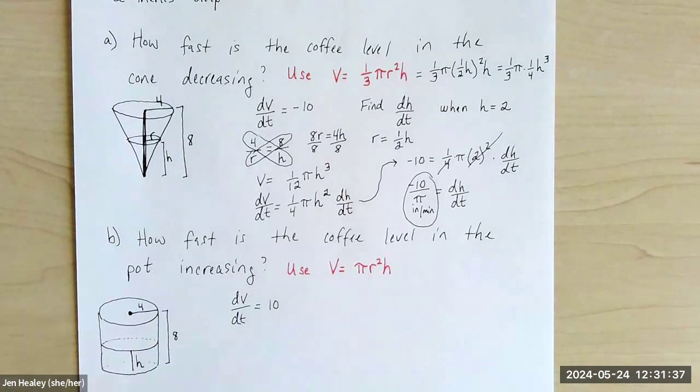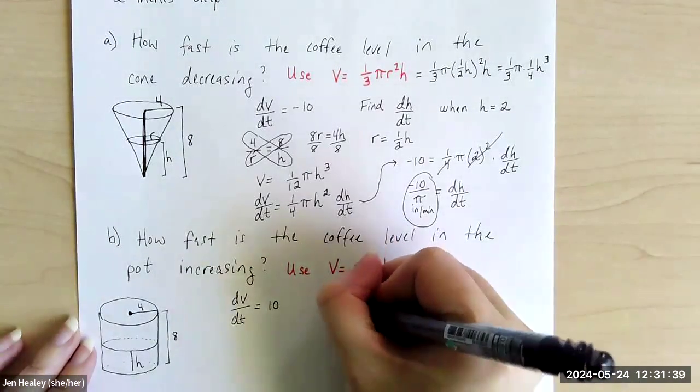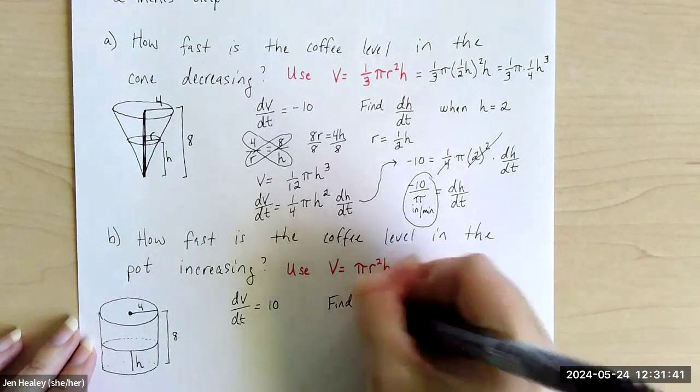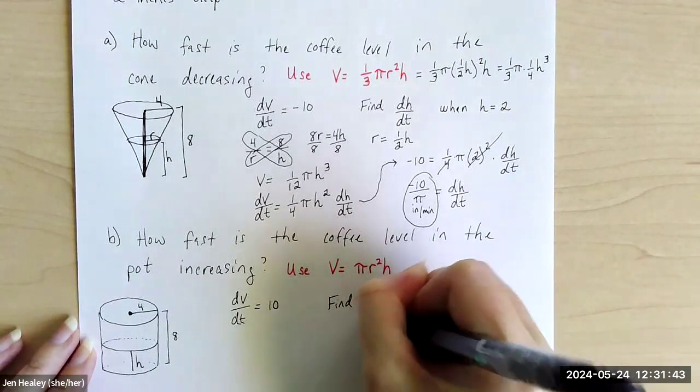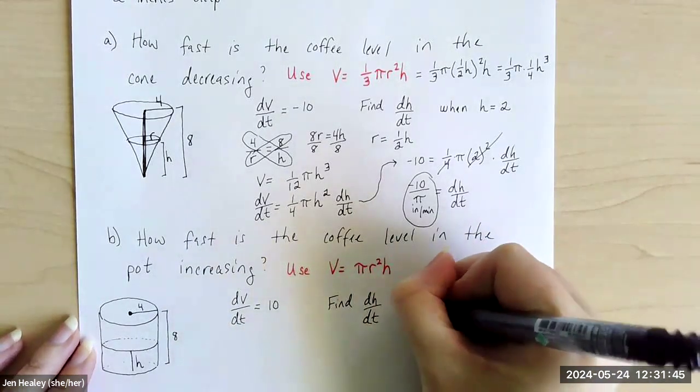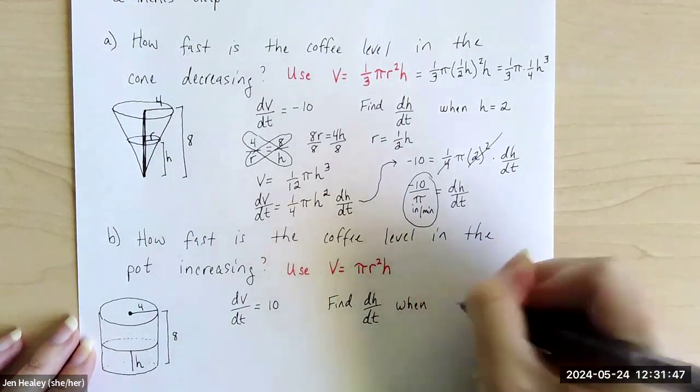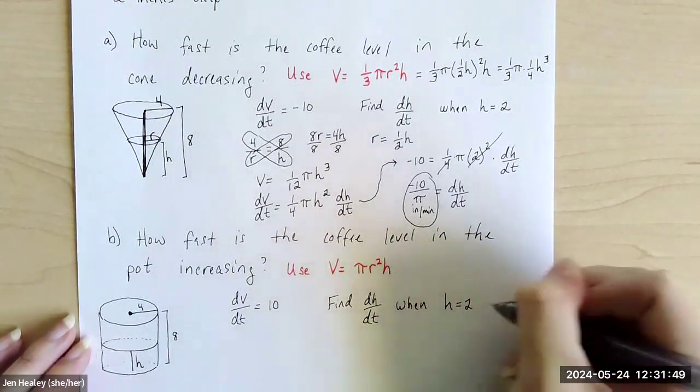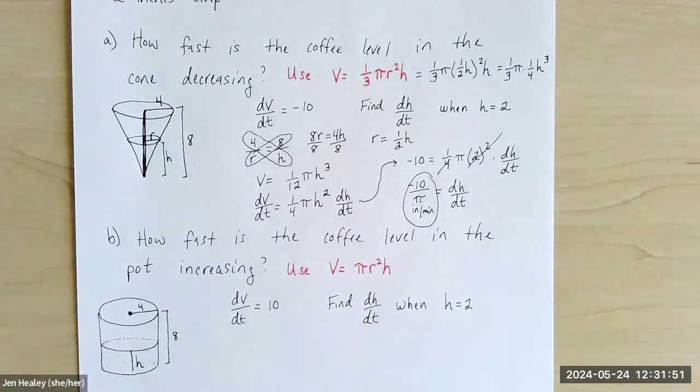And you're again finding dH dt, specifically when h is equal to 2. But we're using a different equation this time because the shape of the thing we're pouring into has this volume, pi r squared h.